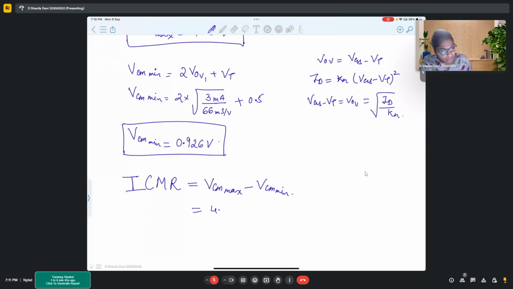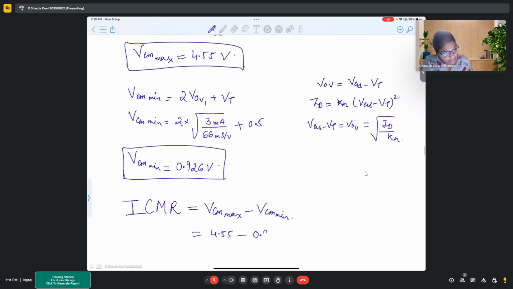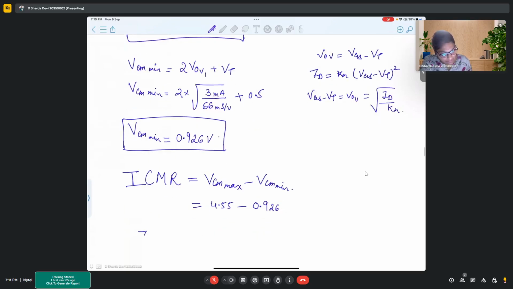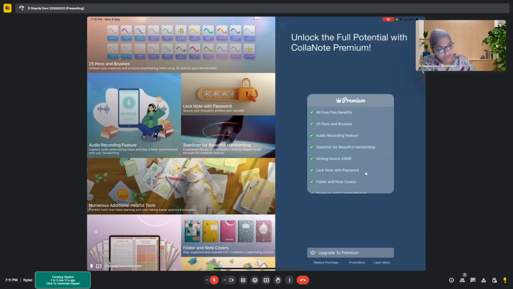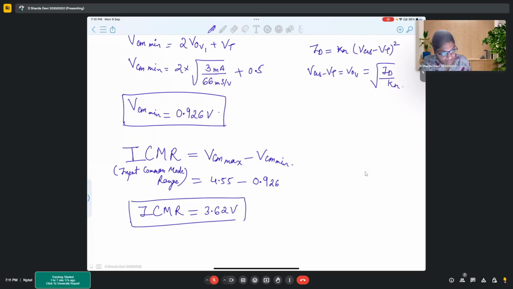So this will be 4.55 minus 0.926. This input common mode range turns out to be 3.62 volts, with a maximum and minimum value of this.